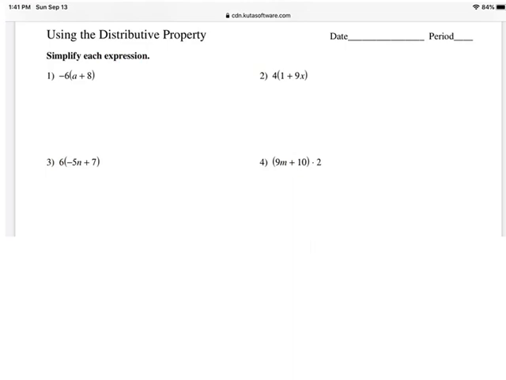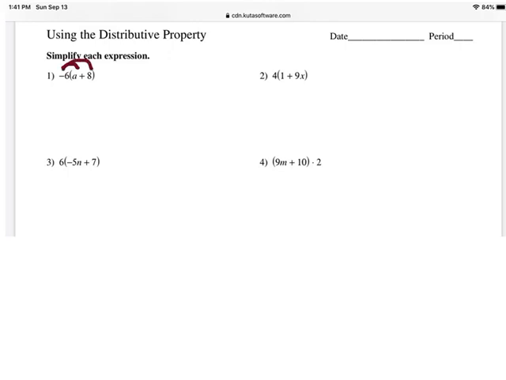So this is what your homework is going to look like tonight, where you have a couple examples to do where you have to show how you distribute. So in the first example, we have a -6 on the outside of the parentheses, and so we are going to distribute that -6 to both the A and the 8.